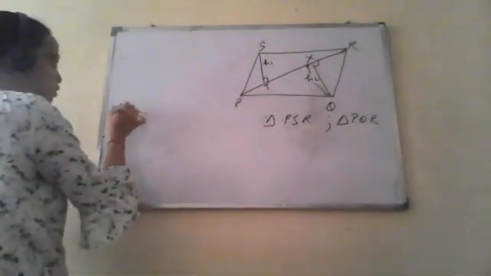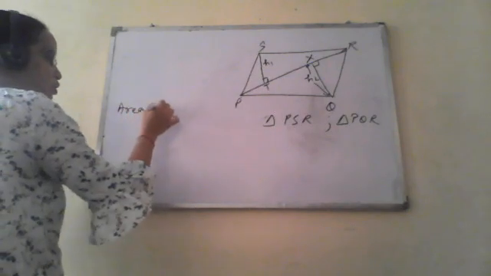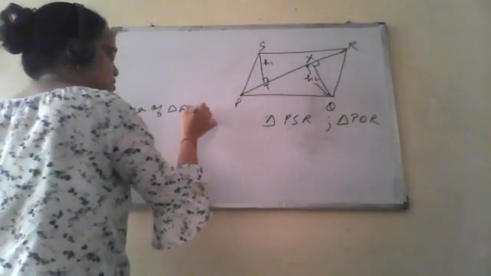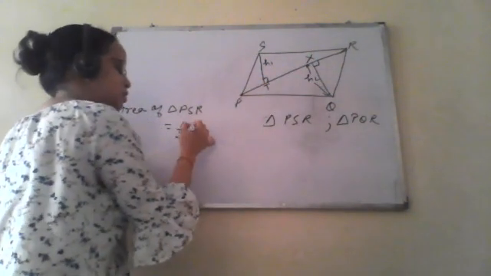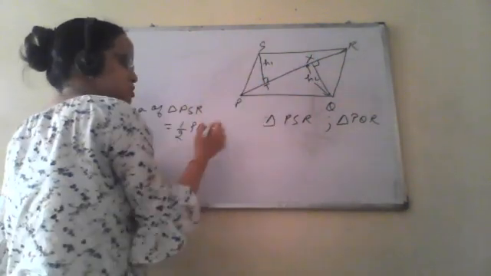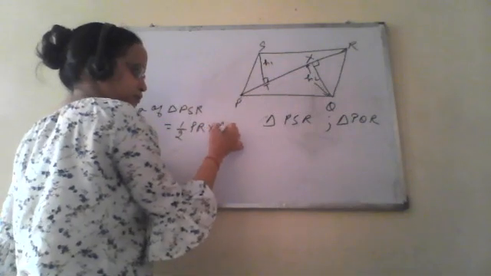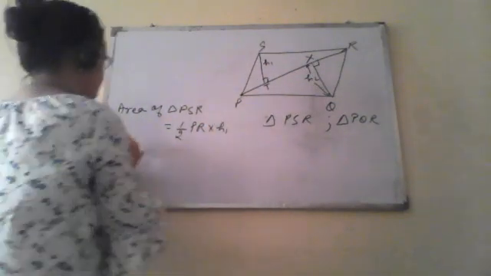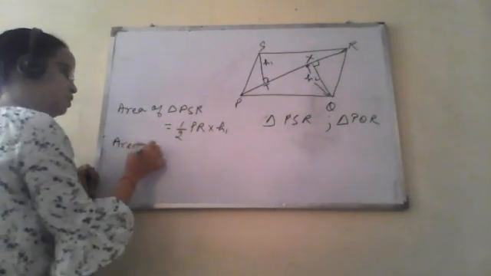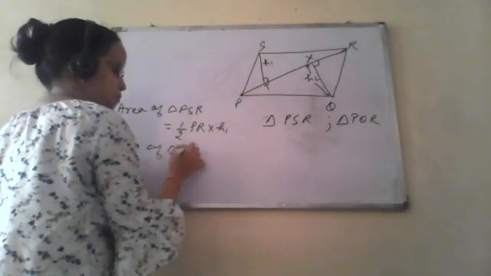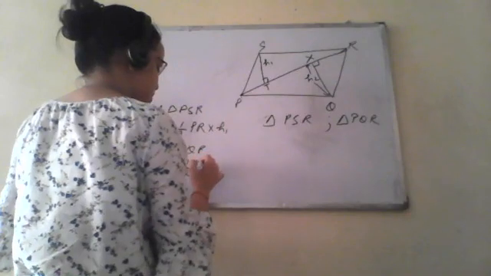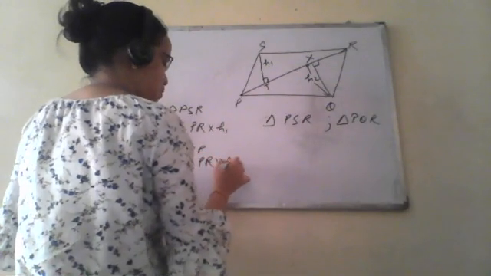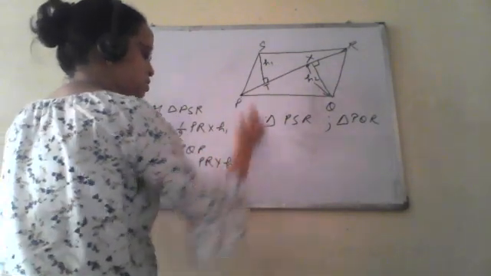So the area of triangle PSR will be half base times height, the base is PR, into H1. The area of triangle PQR will again be half the base PR into H2, that is the altitude.